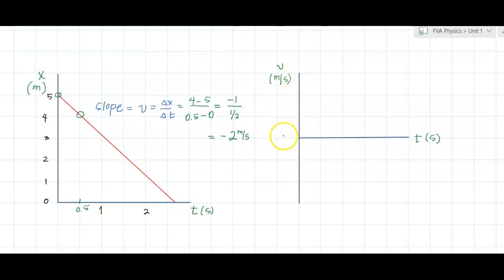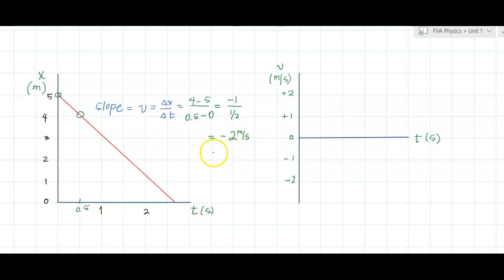So over here on my velocity time graph, the part of the vertical axis that's above the time axis is the positive velocities. So maybe this is +1 and +2 meters per second. Below the time axis, I will plot my negative velocities. Now remember, velocity is speed with direction. So this doesn't mean slower than stopped.